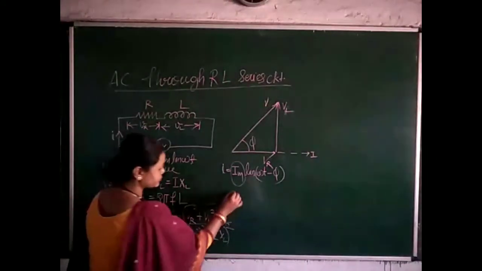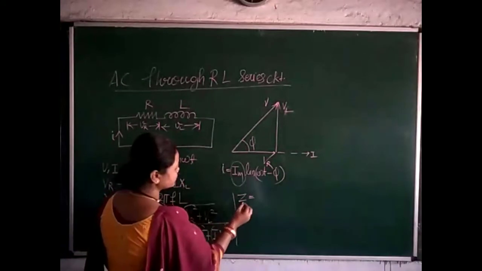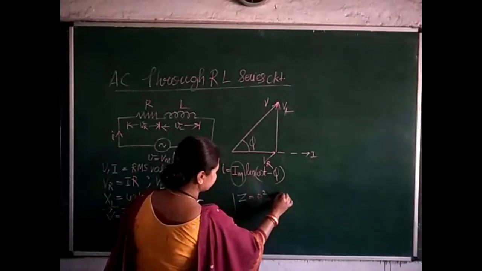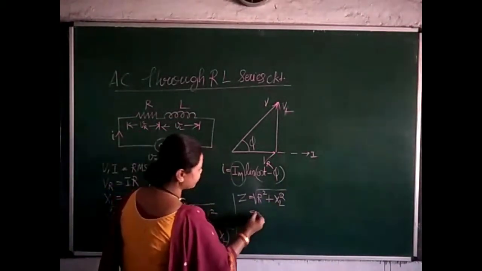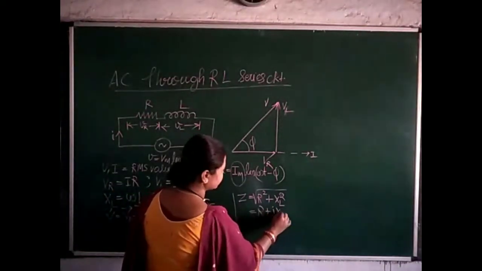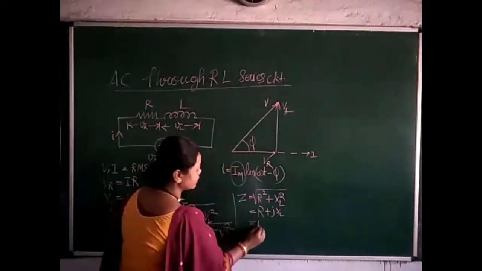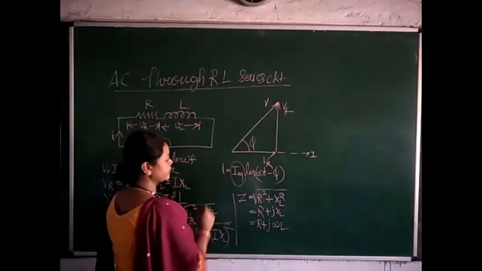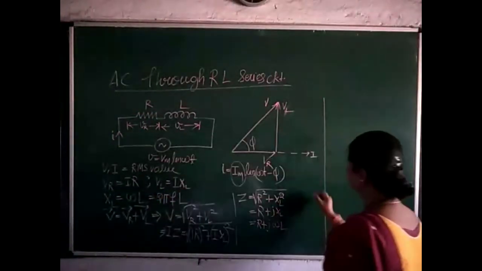Okay, now if I simplify, I get Z is equal to the square root of R square plus XL square, or in the complex form this equation may also be written as R plus jXL, or R plus j omega L. So what is Im here?